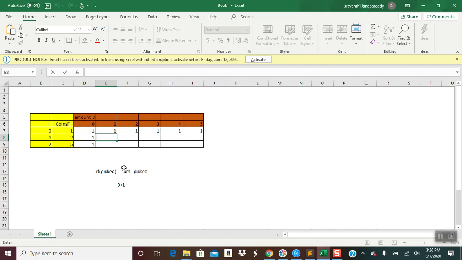Then you do that, right? 1. Just simple. Whenever the sum is less than the picked coin, then you take the previous value. Why are we taking the previous value? Because whether you are picking or not picking, you already processed coin 1, so that's the reason. So here also the same.